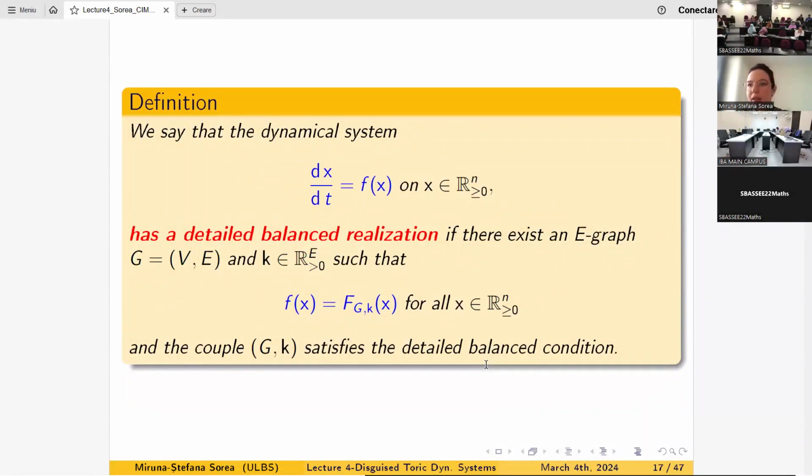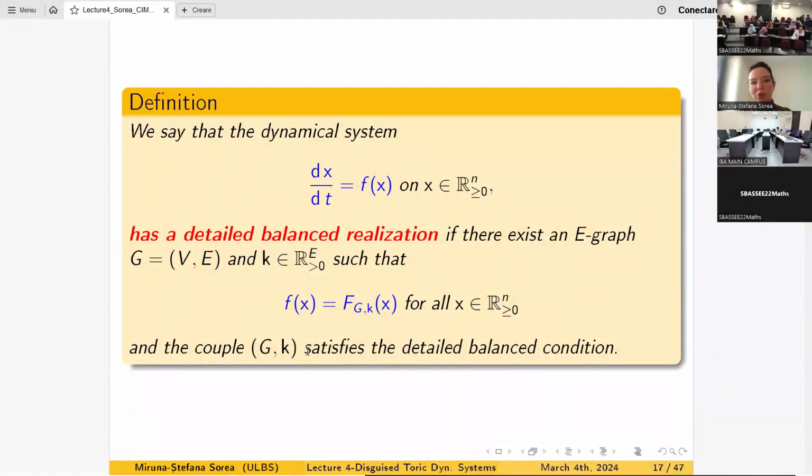Similarly, for detailed balance, we say that the system has a detailed balance realization if we find the graph together with the reaction rates K, positive real numbers, such that the couple GK realizes our system, and moreover, GK satisfies the detailed balance condition, so that is balancing on each pair of reversible reactions.